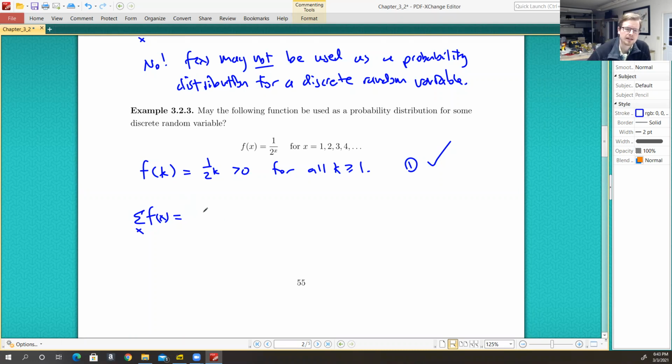This is because x goes on forever, right? We're looking at an infinite sum, or an infinite series rather. There's no ending. We don't eventually stop. So this is the sum from i equals 1 to infinity of 1 over 2 to the i.